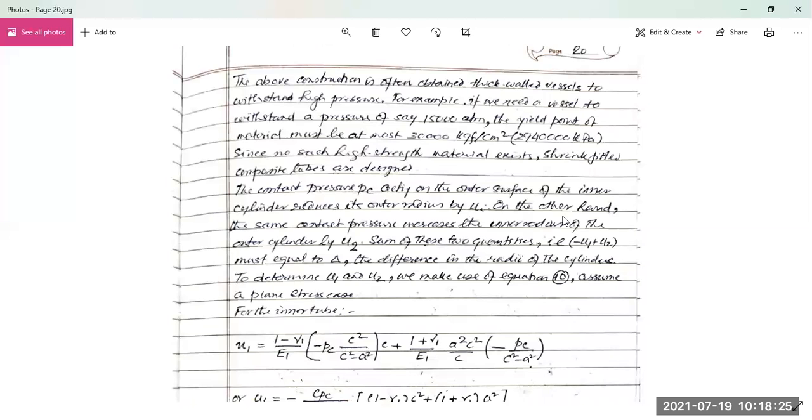The above construction is often obtained with three-walled vessels, thick-walled vessels, to withstand high pressure.